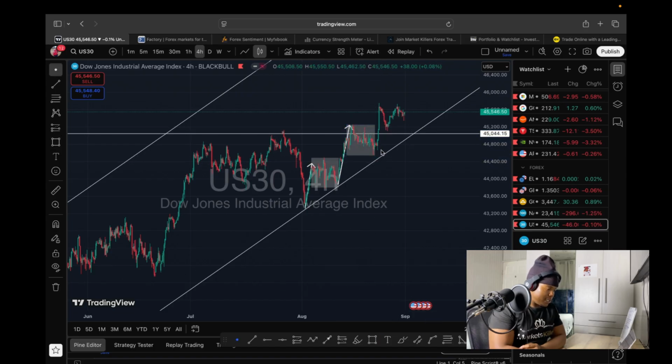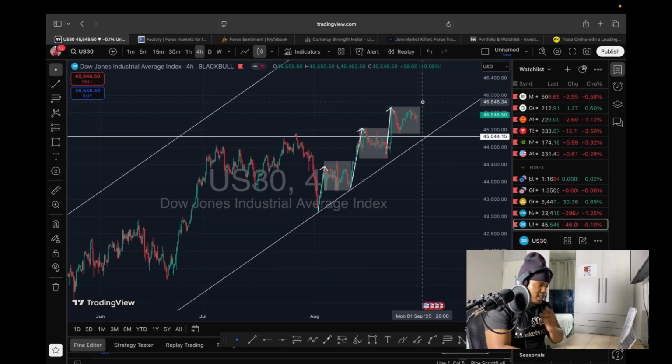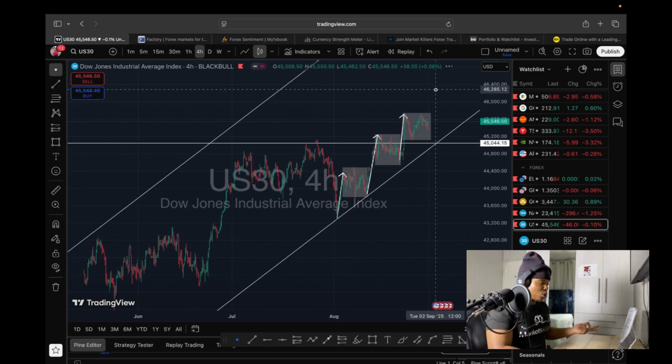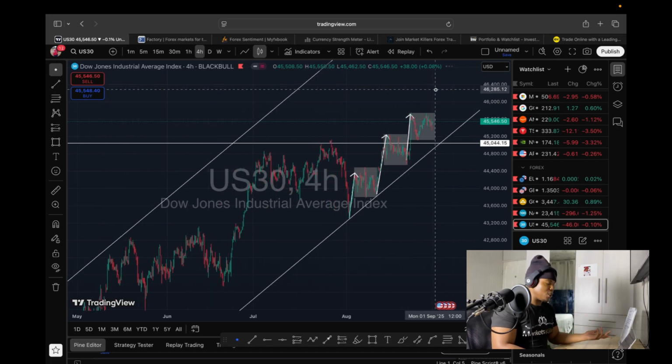And then we had an impulsive movement right there heading to the upside, and we are currently in a correctional phase. So what I'm anticipating on US30 is for the market to continue with those buying opportunities. And for you guys to master US30, you simply have to understand how price action works. That is my initial strategy, the initial strategy that I give to my students.